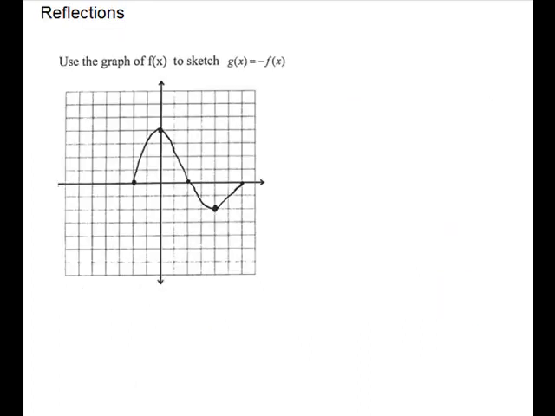We have another example to do. It says use the graph of f of x, this is f of x, to sketch g of x, which just has a negative on the outside of f of x. So it's going to flip over the x-axis or reflect over it. The ones on the axis will stay there. So this point is going to stay. This point is going to go down.